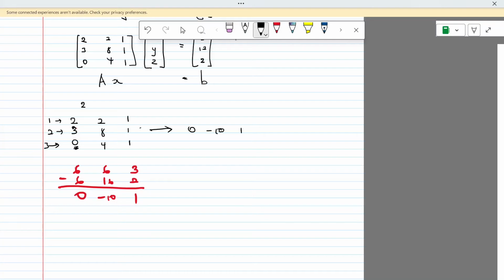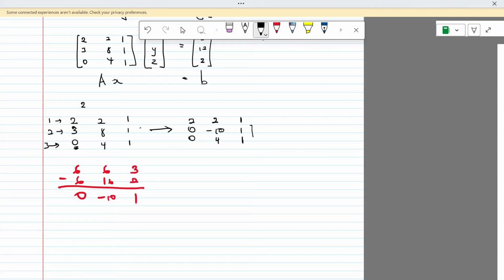So our equation 2 becomes 0, minus 10 and 1, and our third equation will become a 0, 4, and a 1. The first remains the same.